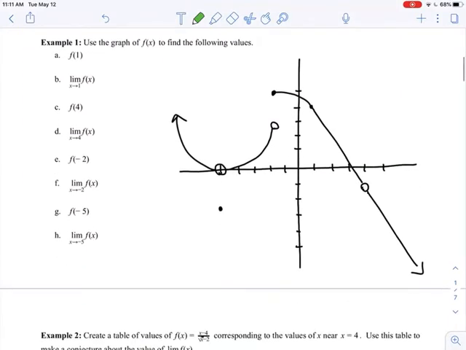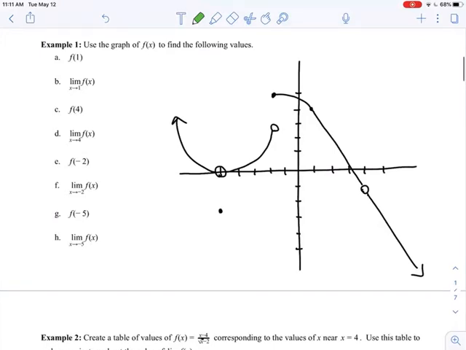It says use the graph of f of x to define the following values. So here I have f of 1 and limit as x approaches 1 of f of x. I'm going to look at parts a and b first. So I'm talking about what is the behavior right here at x equals 1. So f of 1, I would just look at what is the value of my function here.